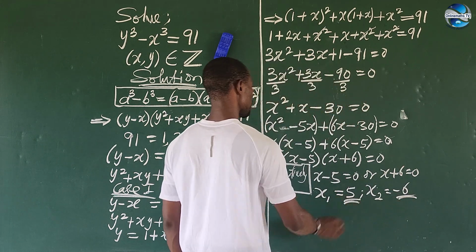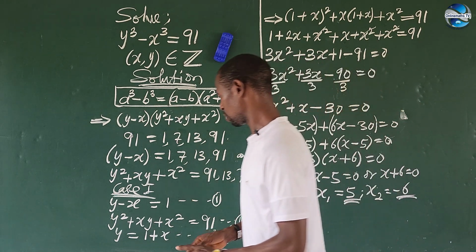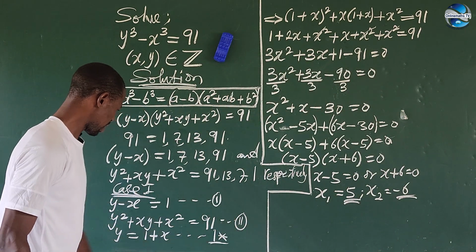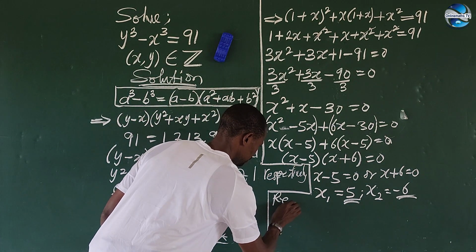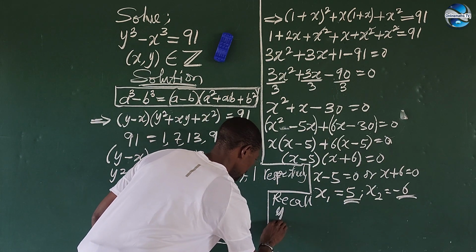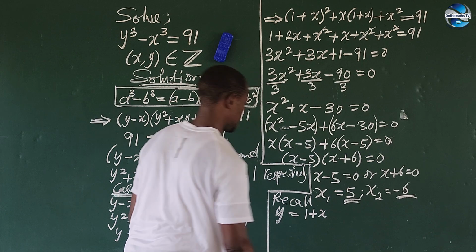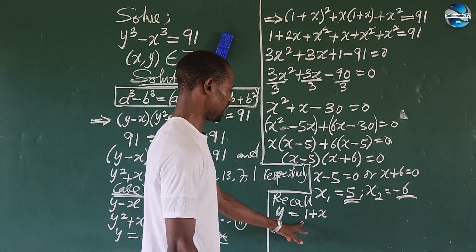Okay, so let's go ahead and find the corresponding value for our y. So we consider equation 1 star. From equation 1 star, we have to record that y is equal to 1 plus x. So when x is 5, what will be the value of y?